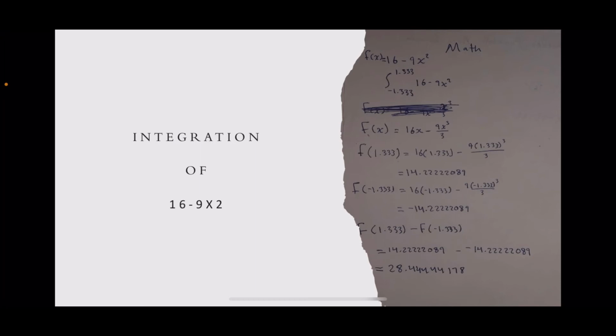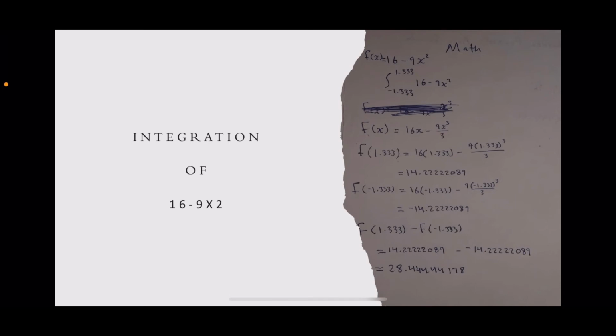Then f of 1.333 minus f of minus 1.333. Now all the equations go down to 14.222 minus negative 14.222, which equals 28.444.